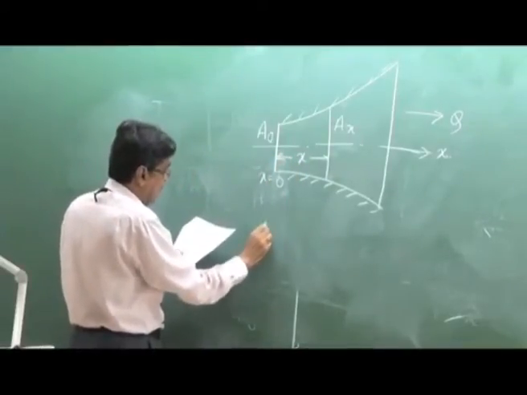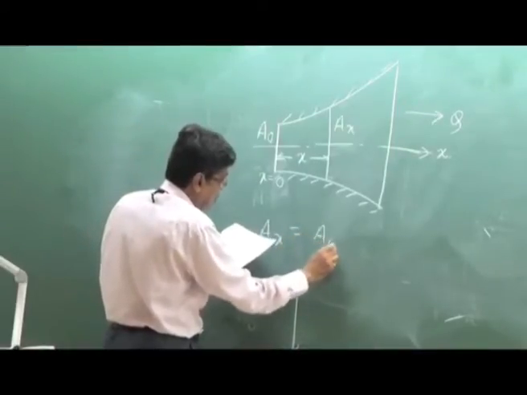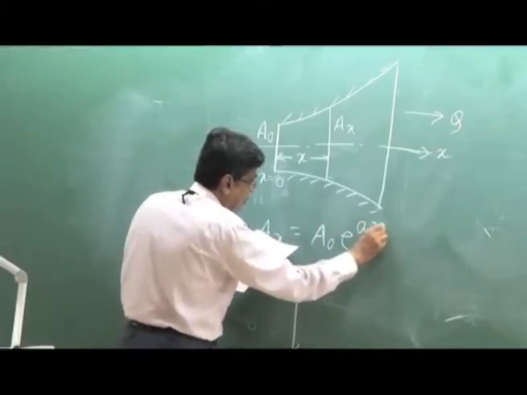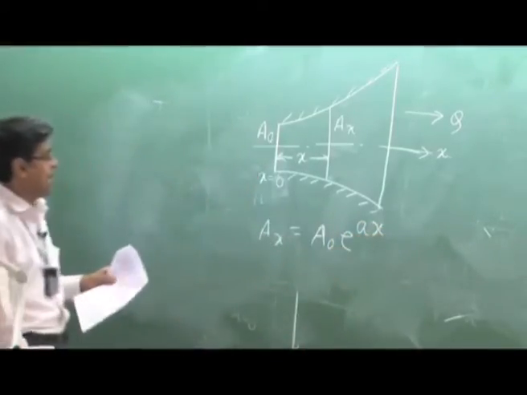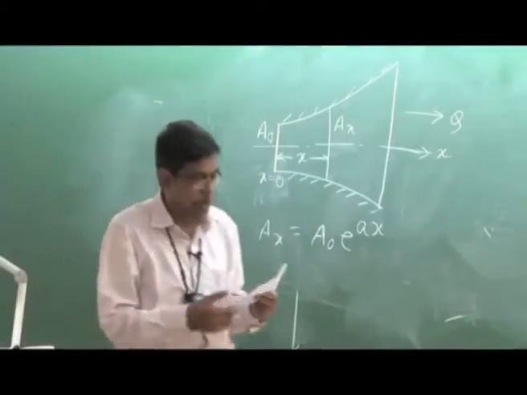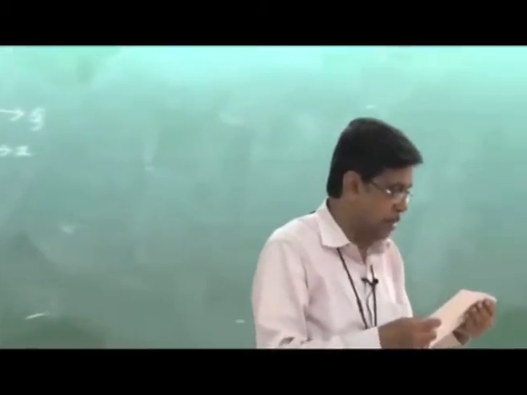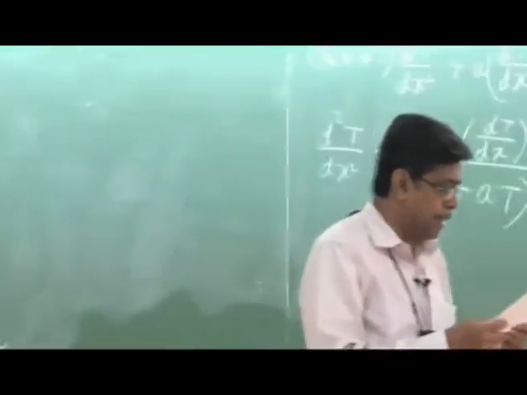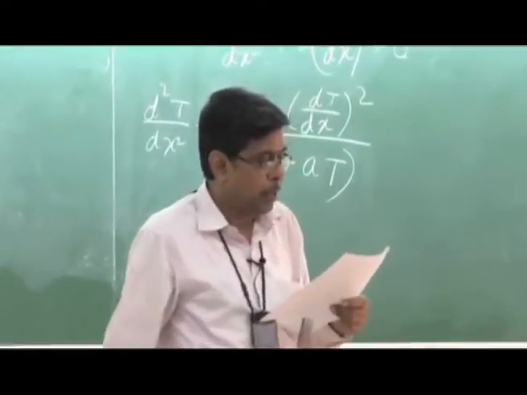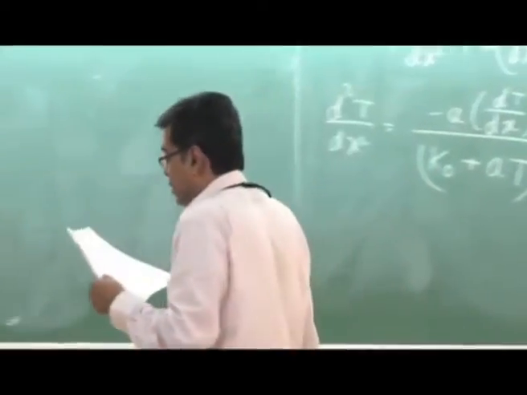That means A(x) is A0 e to the power ax. This satisfies that at x equal to 0, the area is A0 and that increases exponentially. Using this expression, determine the temperature distribution. Okay? Considering the presence of volumetric heat generation rate.